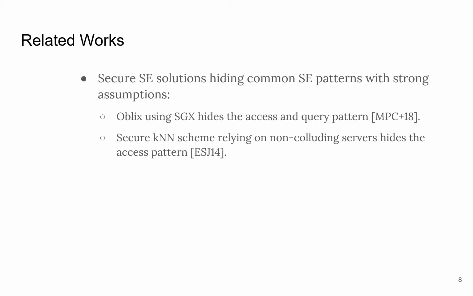There are secure SE solutions hiding common SE patterns, but with strong assumptions. For example, Obelix using SGX hides the access and query pattern. Alexandra et al. propose a secure kNN scheme relying on non-colluding servers, which hides the access pattern. However, we want to solve the problem without such strong assumptions.